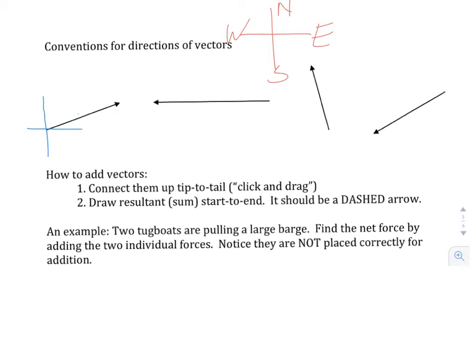And that way you can take a look, and if I were to call this north, south, east, west, I would say that this vector is pointed northeast, which means that this vector over here is pointed west, due west actually.